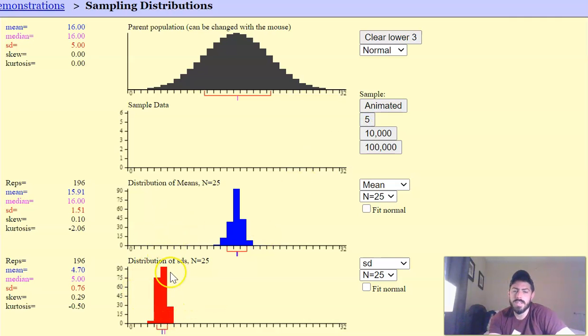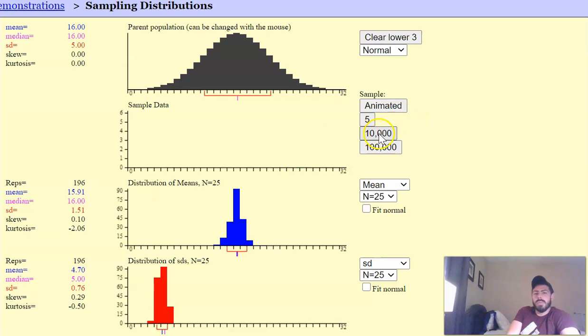And of course my standard deviation is getting very close as well. So the standard deviation of my means is 4.7, whereas the population standard deviation is 5. The mean of my means is 15.91, whereas the parameter for that is 16. So this is doing pretty good.